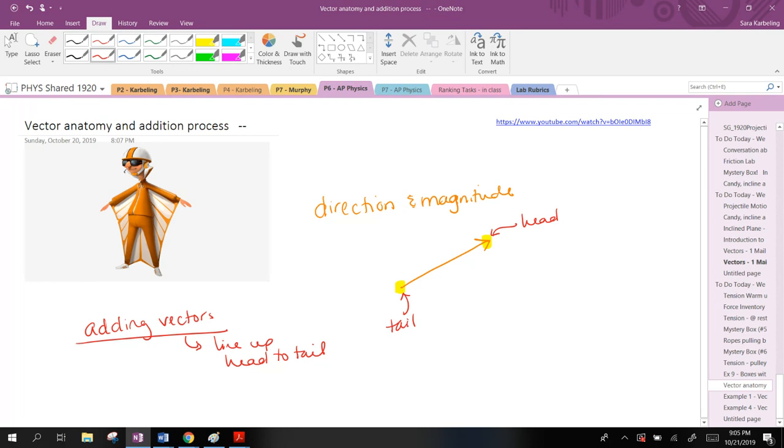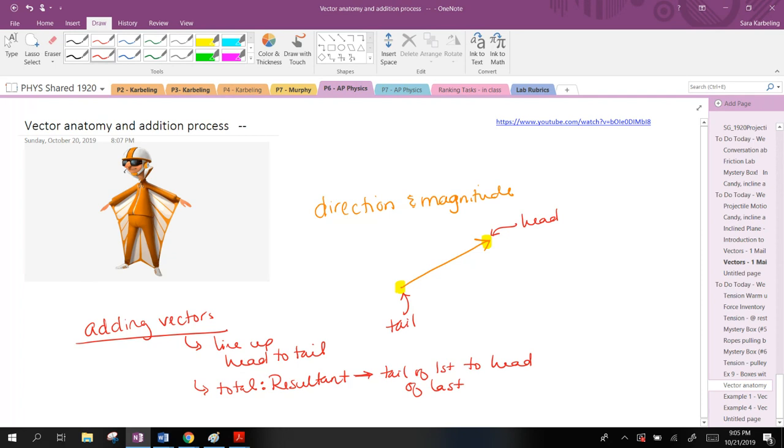When you add up the vectors, the total is the overall vector. That's called the resultant. The resultant is generally found by drawing one vector from the tail of the first to the head of the last. So that's the very bare bones basic stuff in terms of the terminology.